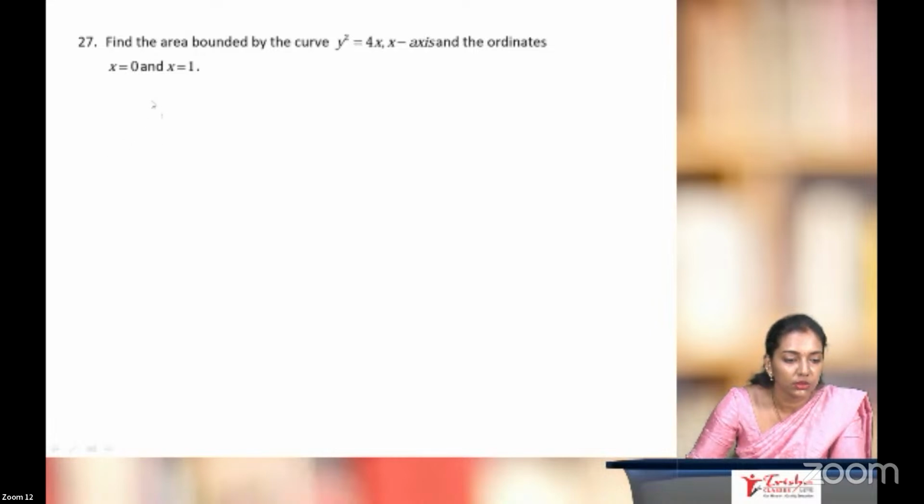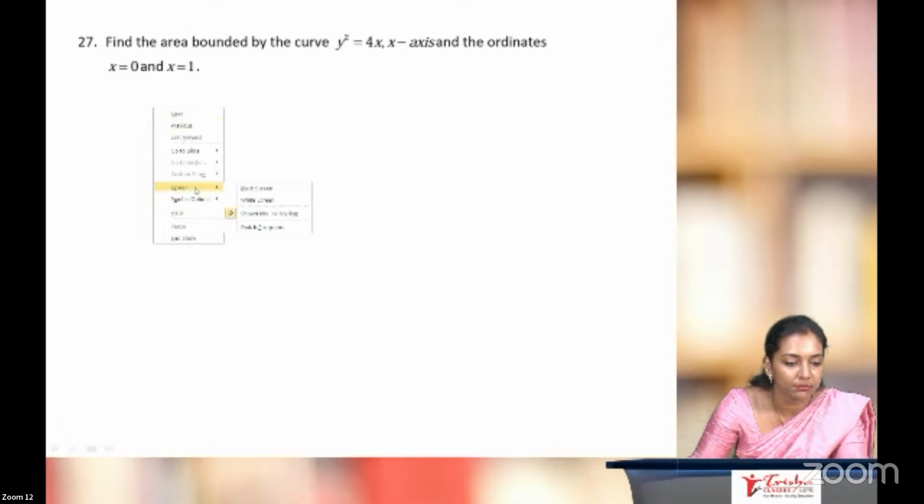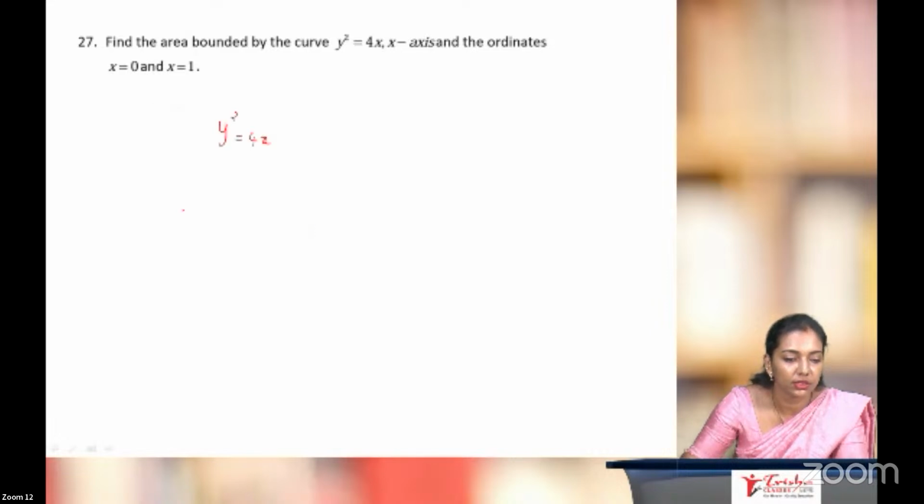Okay, so here we are given the question y square equal to 4x, or y is equal to root of 4x. This is a parabola. Here you have the x-axis and ordinates x equal to 0 and x equal to 1.